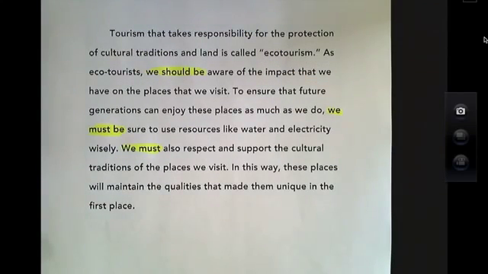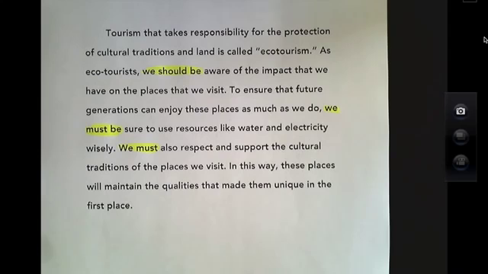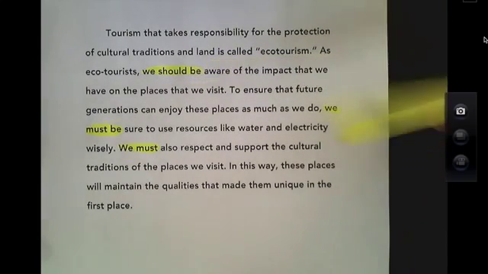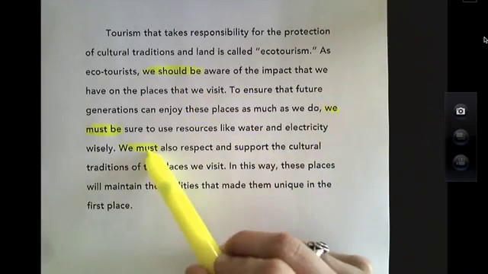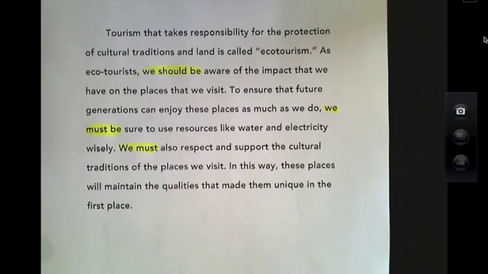And this clues me into the idea that the author is telling me to do something. This is a good time to tell you that the author's purpose is always one of these three pieces of pie. It is not multiple. So we can't have to inform and persuade. It's one or the other. So you can see here that the author is telling us to do something with we should be, we must be, we must. We have a piece of persuasion pie.